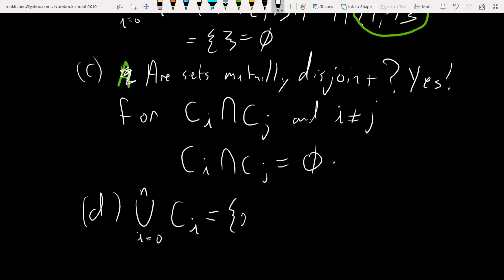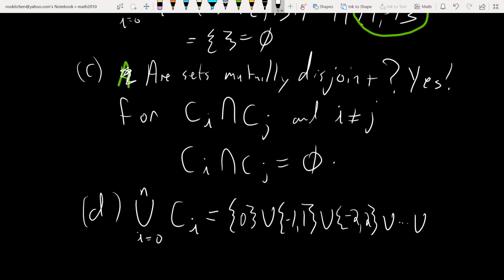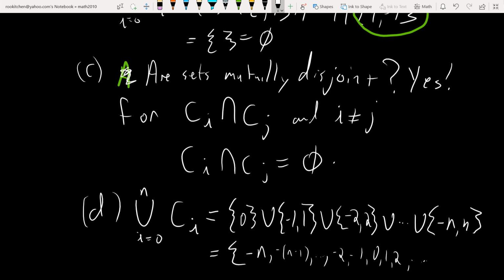First you have the set 0, and then your union with the set negative 1, 1, and then you have the set negative 2, 2, all the way up to the set negative n, n. If you union all those together, you just get negative n, dot dot dot, all the way to negative 2, negative 1, 0, 1, 2, dot dot dot, all the way up to n.